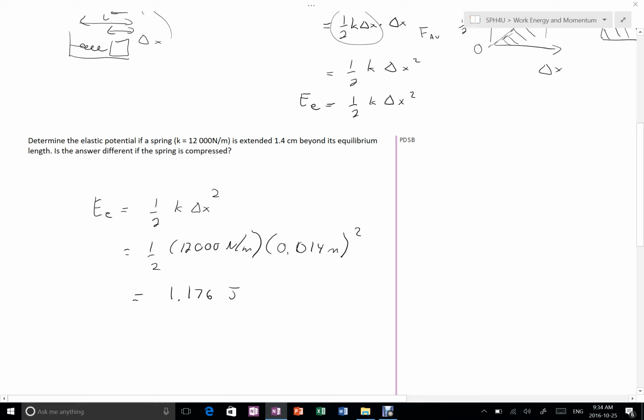The question also says, how would it be different if it was a compression instead of a stretch? Note here that the elongation or the compression is squared. So the answer is, how is it different if it's compressed? The answer is it is not different at all. If 0.014 had been negative 0.014, when we squared it, we would not have been able to tell the difference.